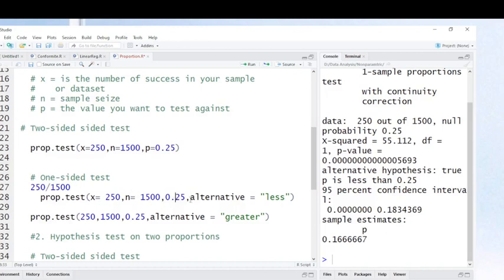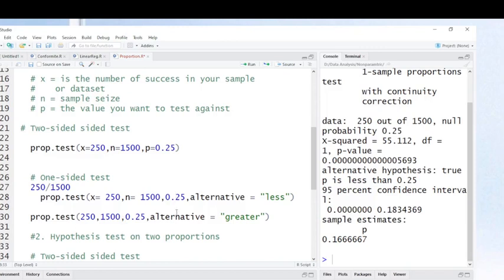The null hypothesis here, as you see here, is rejected, and we can conclude that 0.25 is not less than 0.16. This is what we call a one-sided test.